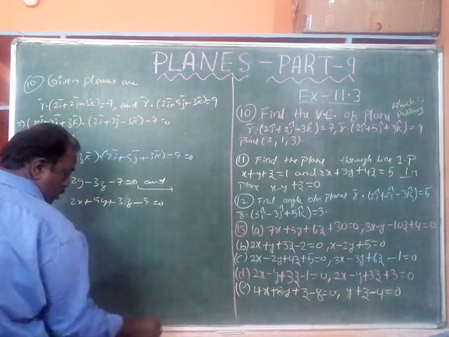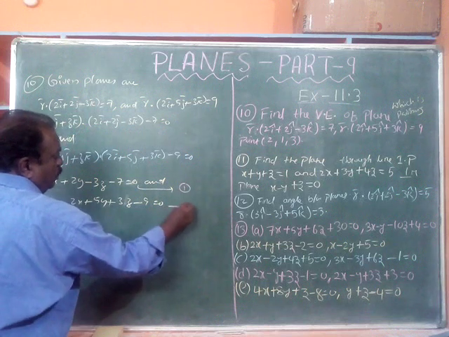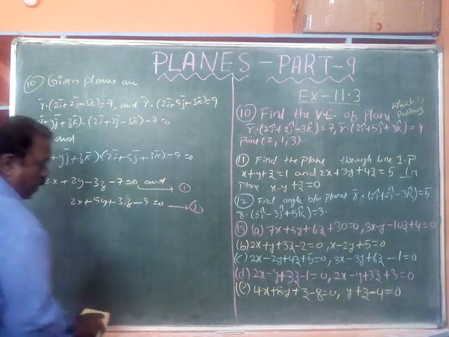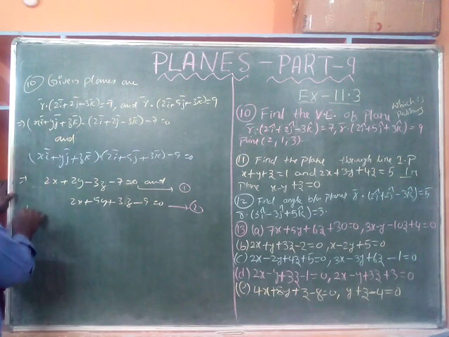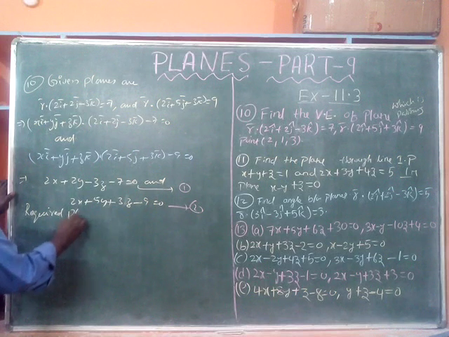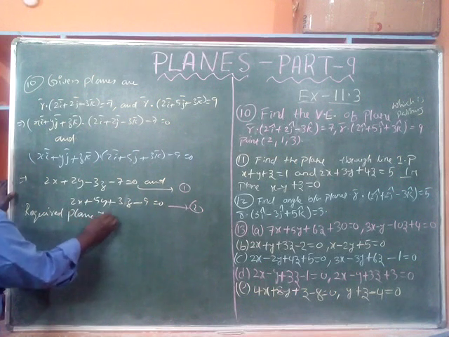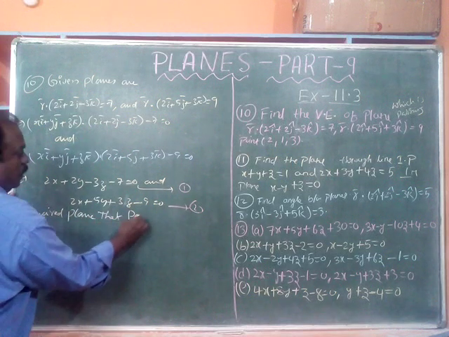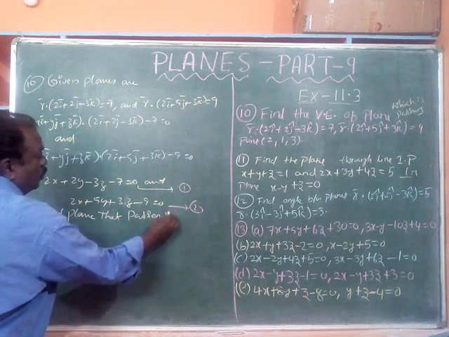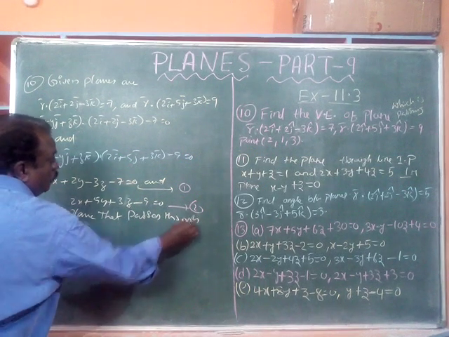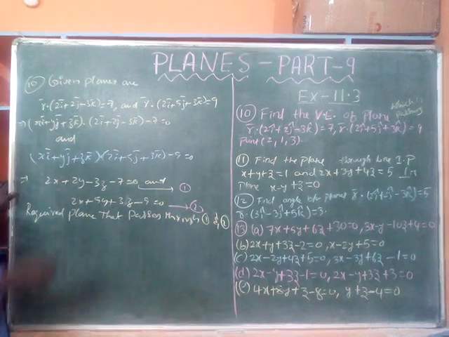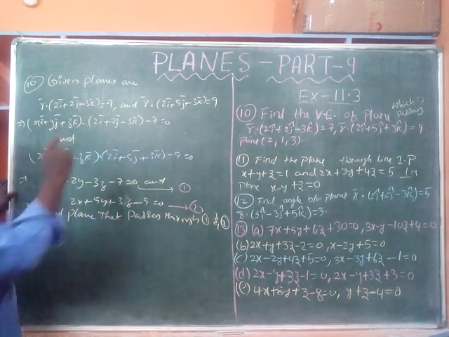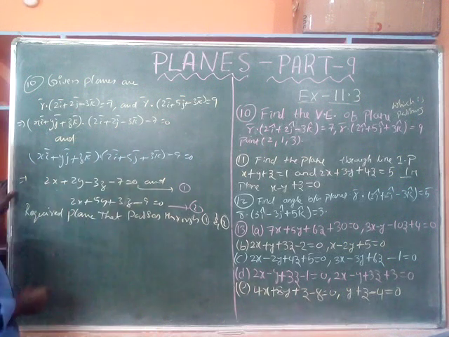This is equation 1 and equation 2, plane 1 and plane 2. The required plane passes through the line of intersection of 1 and 2.